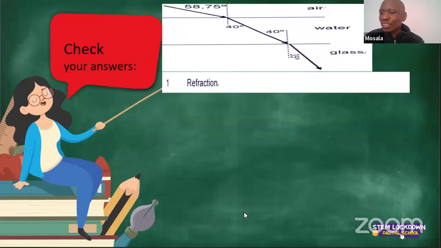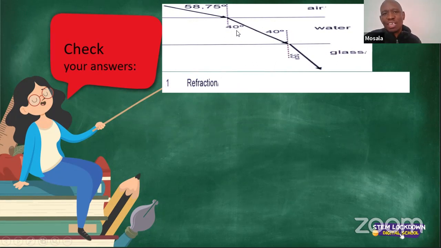The second question was: if the refractive index of water is 1.33 and air is 1, calculate the angle between the light ray and the surface of the water if the angle of refraction is 40 degrees. What we know is that the angle of refraction is 40 degrees.